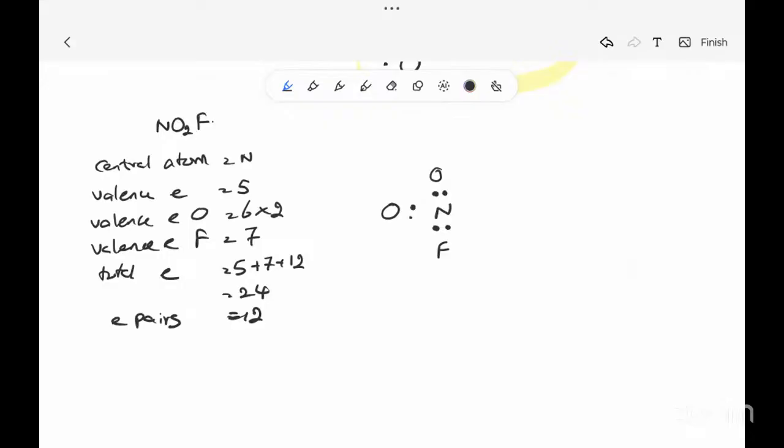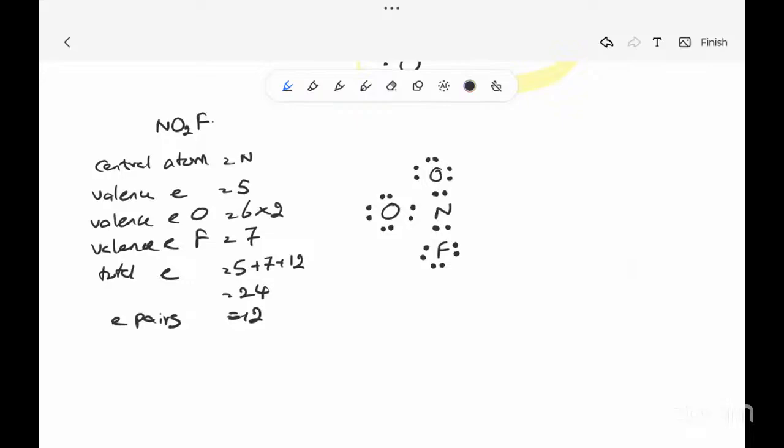Now 3, starting from the most electronegative one. We have to start from fluorine, right? 3, 4, 5, 6, 7, 8, 9, 10, 11, and 12.